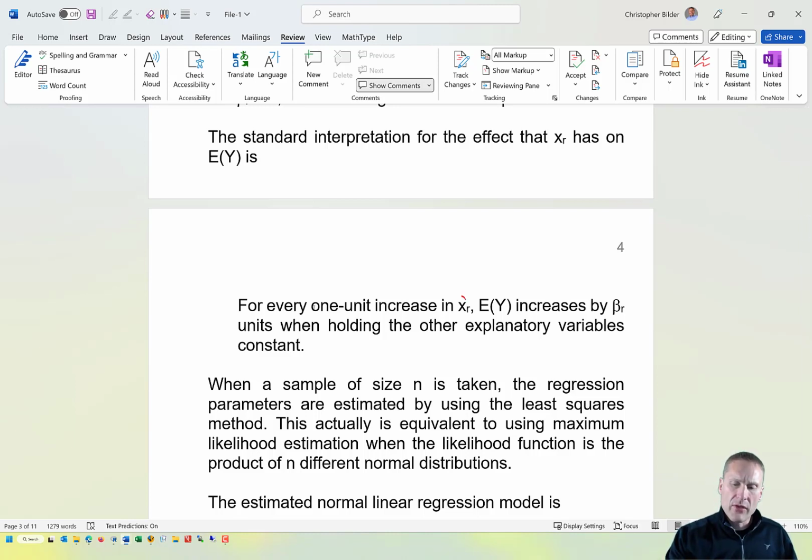So if we just think of one particular explanatory variable, let's call it x sub r. For every 1 unit increase in x sub r, expected value of y increases by beta r units when holding the other explanatory variables in the model constant. Standard interpretation. Where does this come from? Well, if I were to write out my model, let's say r was equal to 1.